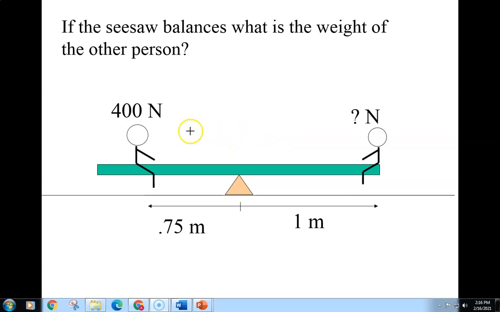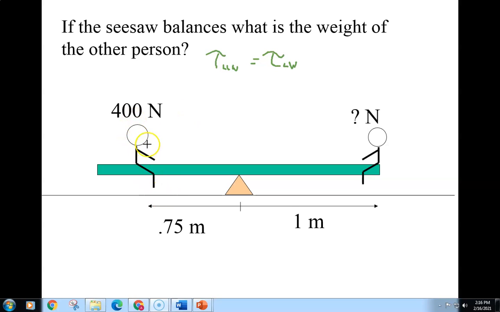So let's see. We've got a 400 Newton person on the left. He's got a lever arm of 0.75. We've got an unknown weight person who's 1 meter away. What is their weight? So what we're going to do is set the torque counterclockwise equal to the torque clockwise.